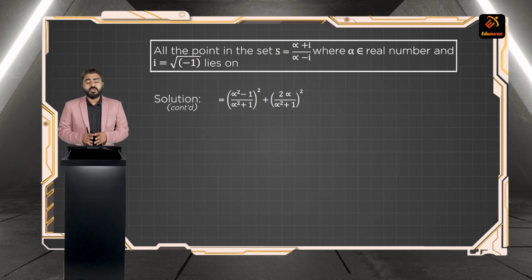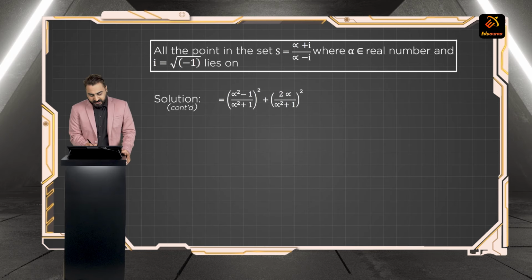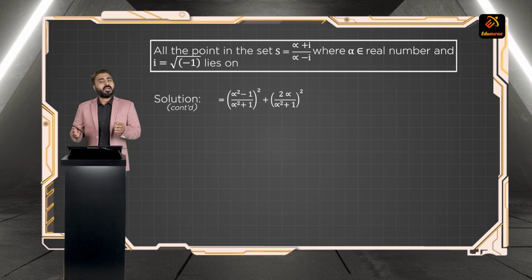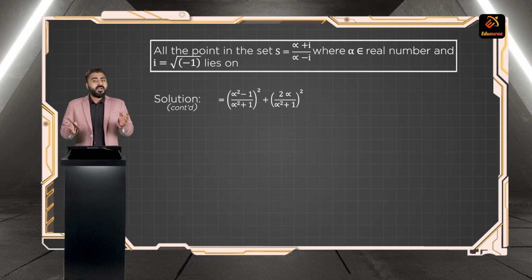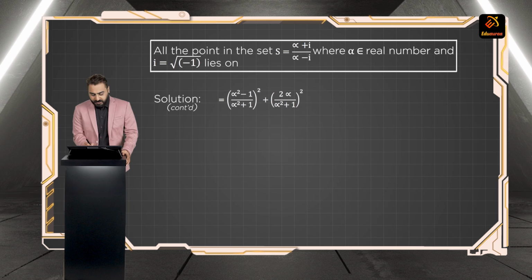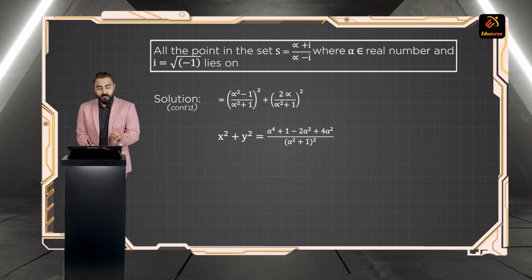From this, if you see, the denominator is the same. So let's write the common denominator, and expand the numerator using basics. When we expand, we get the numerator as alpha raised to 4 plus 1 minus 2 alpha square plus 4 alpha square, whole upon (alpha square plus 1) whole square.